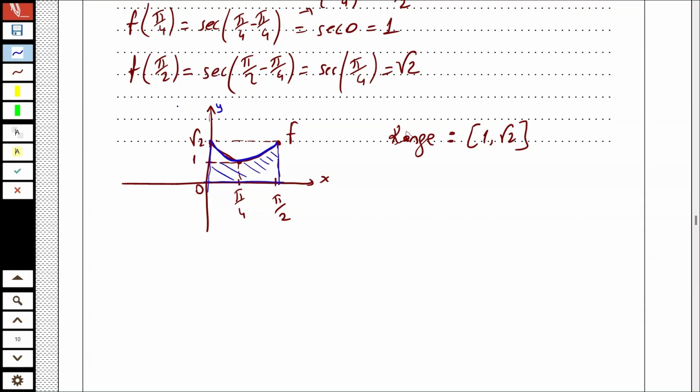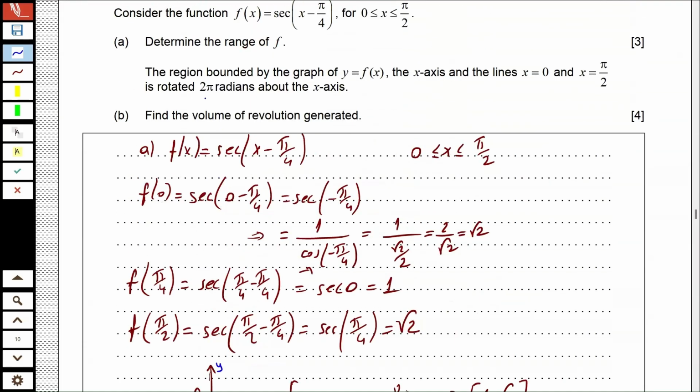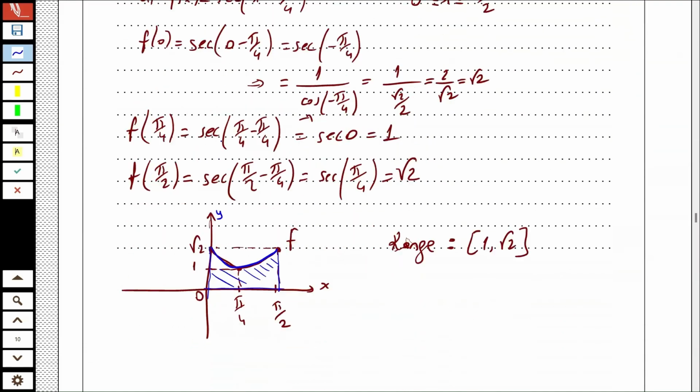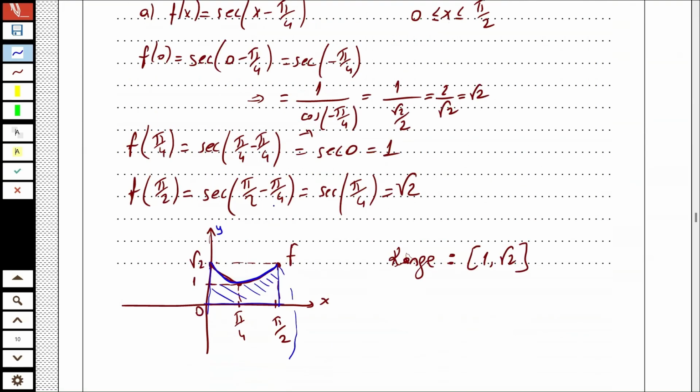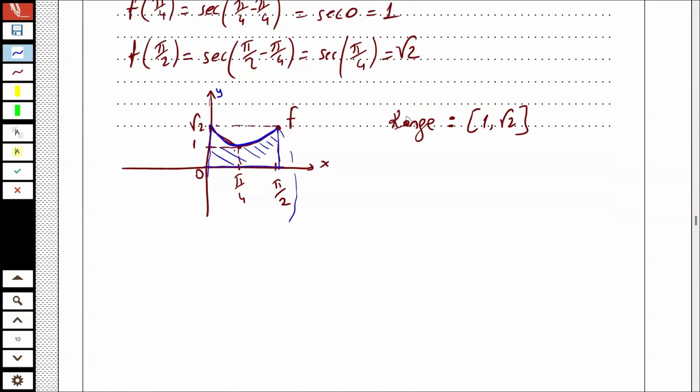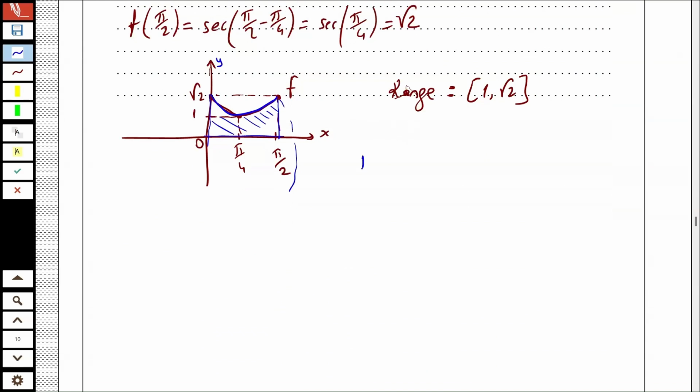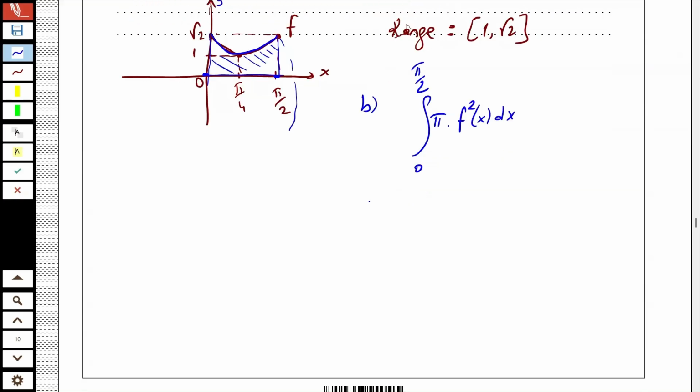This is the region, and we rotate it by 2 pi radians about the x-axis. So there's an integral here. You can check the formula booklet, and you will see our limits are from 0 to pi over 2. Inside the integral, you need to write pi times f squared dx.